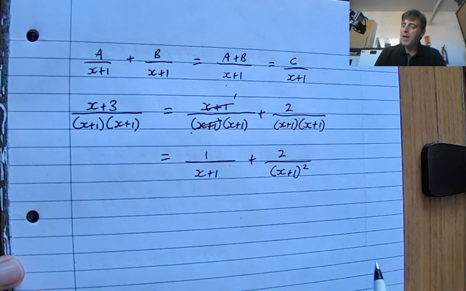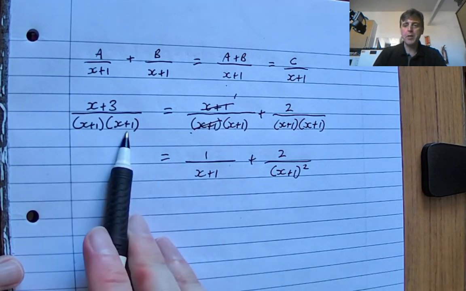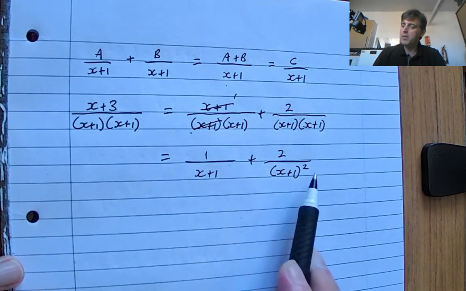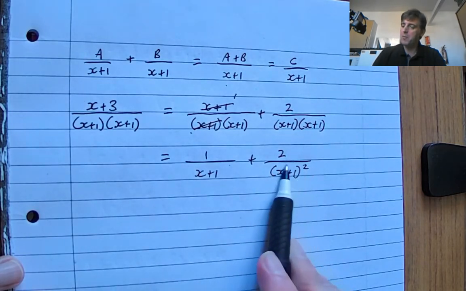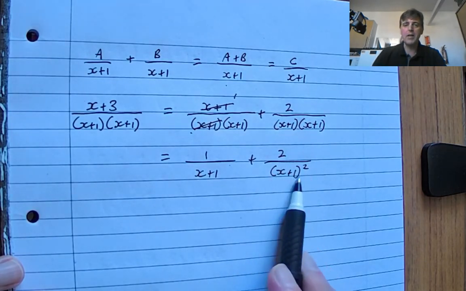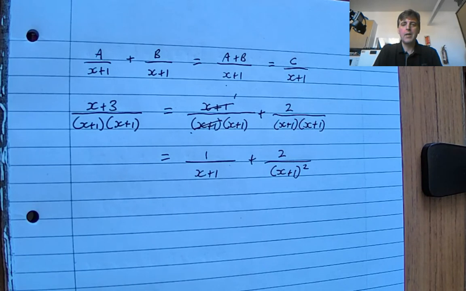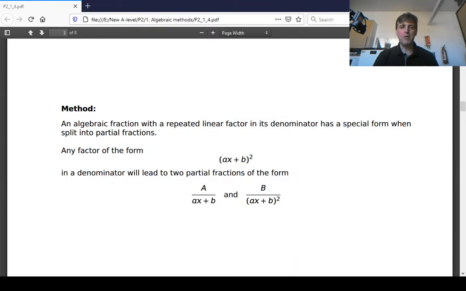So whenever we have a repeated linear factor, there is a way of dealing with it, but we do need to have the second of our partial fractions still being squared in the denominator. And that's what we need to know when we've got these repeated linear factors.